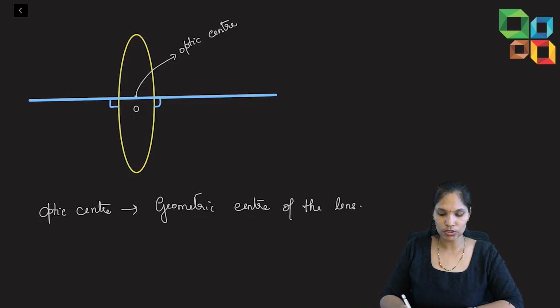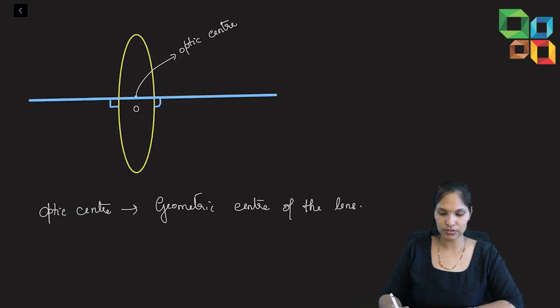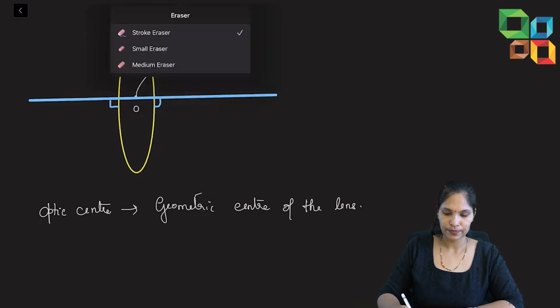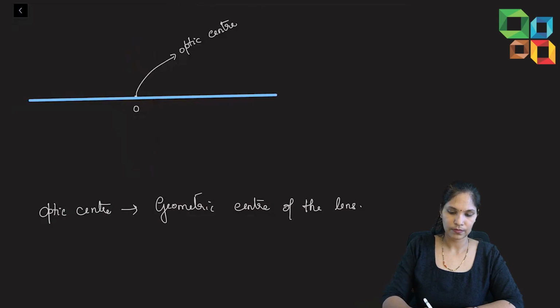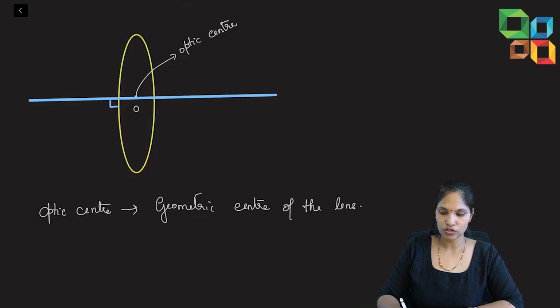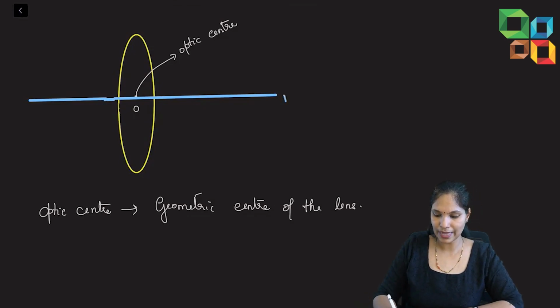A line which passes through the optic center and is also perpendicular to the surface, we call it the principal axis.